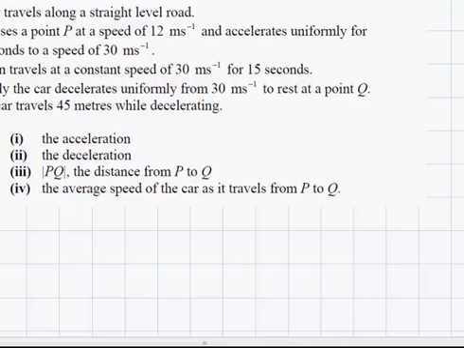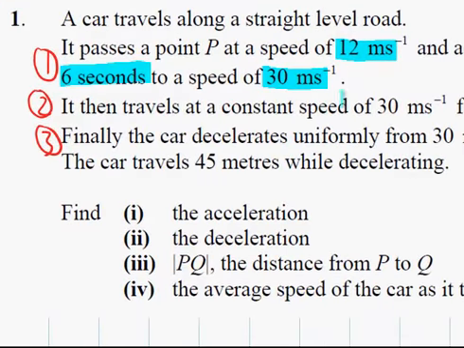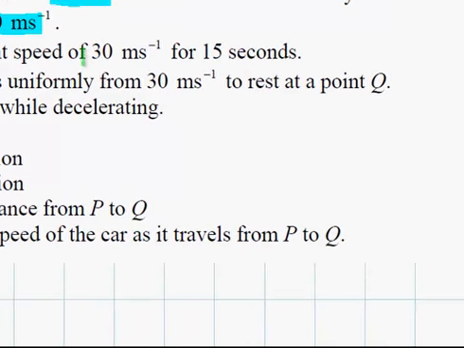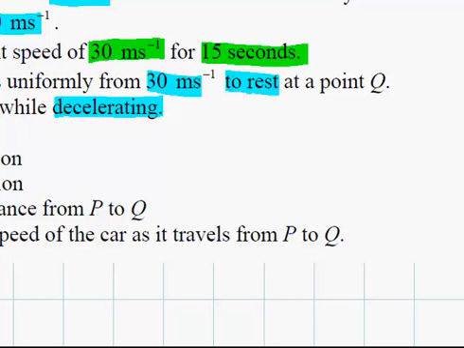We're given an initial velocity, a final velocity, and a time. Then it goes at constant speed for 15 seconds, and then it decelerates again to rest for a distance of 45 meters.